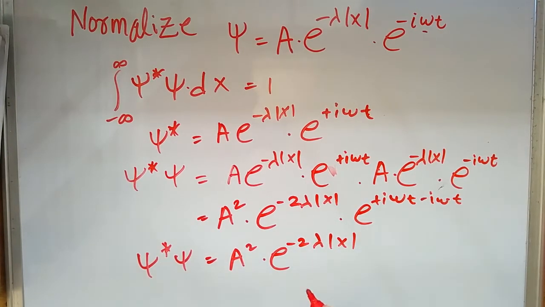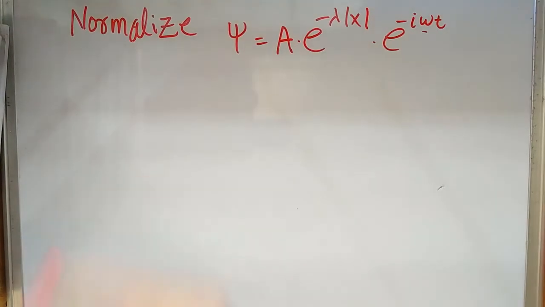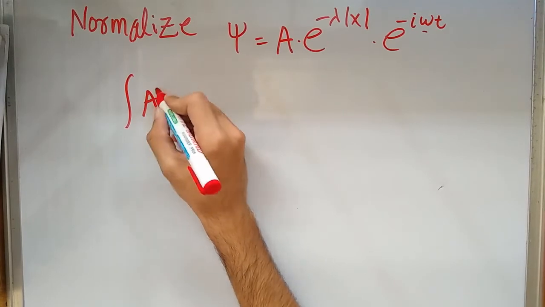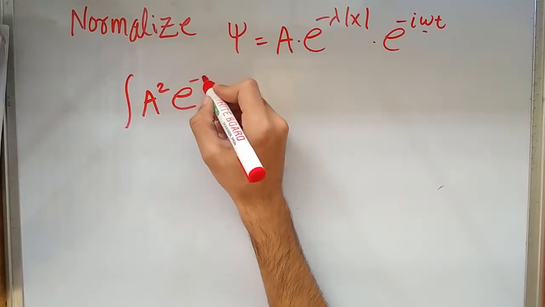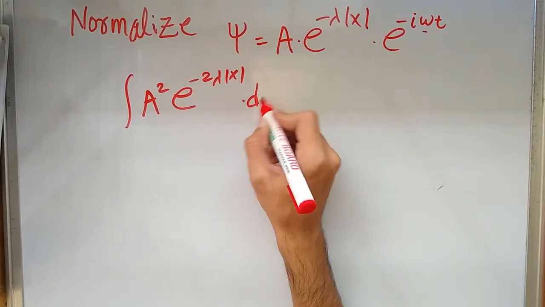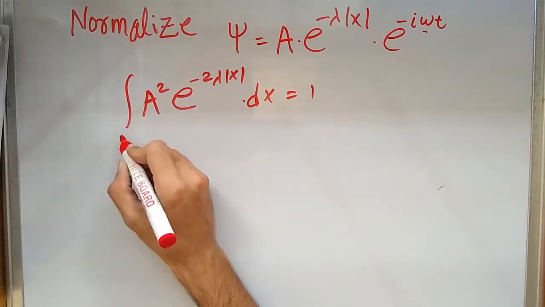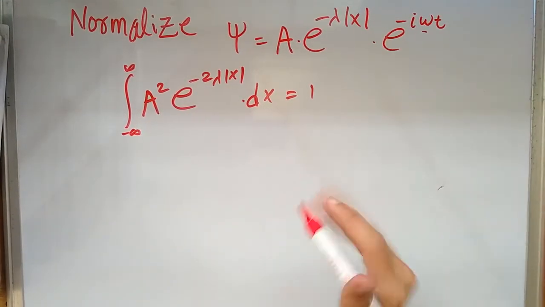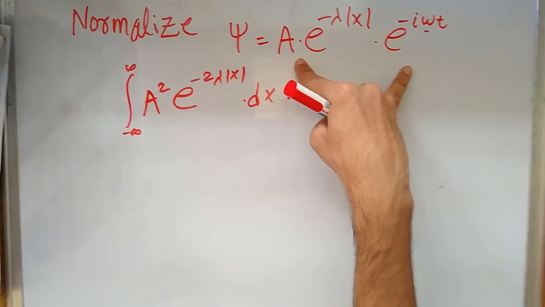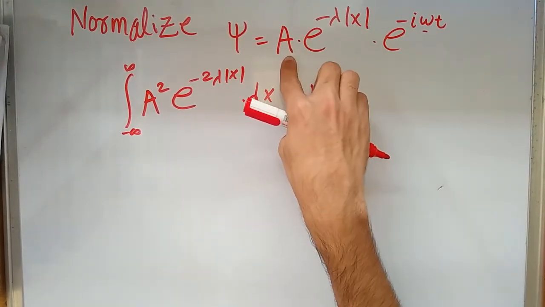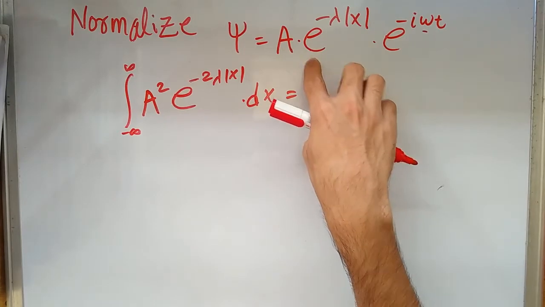So this is the function we need to integrate. So we will write it as the integration of A square e to the power minus 2 lambda mod x dx equal to 1, integrated from minus infinity to infinity. Now the goal here is to normalize this wave function, that is, to find the value of A for which the condition that we imposed becomes true.